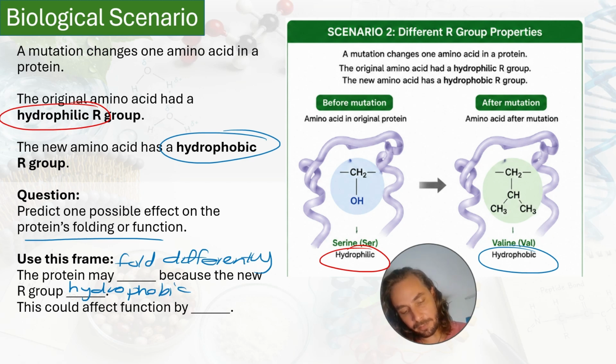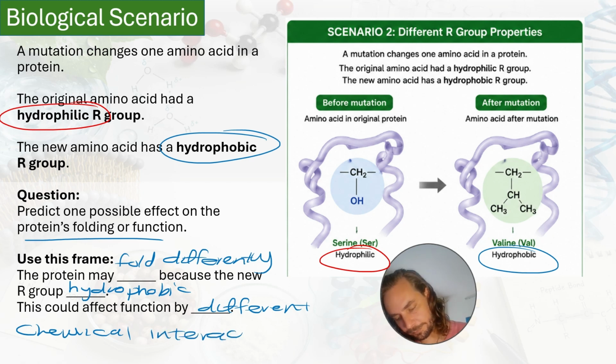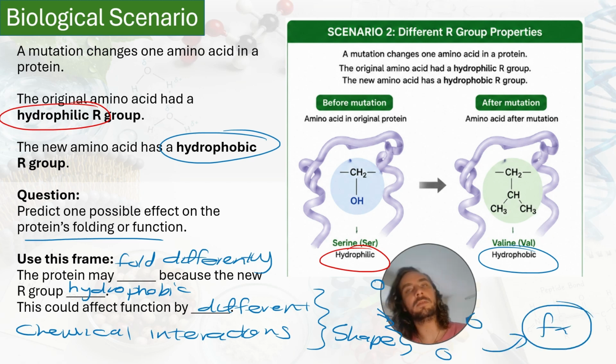And this could affect the function by having different chemical interactions. And because it has different chemical interactions, it can change the shape. And if the shape changes, the interaction with other molecules would change, and that would change the overall function.